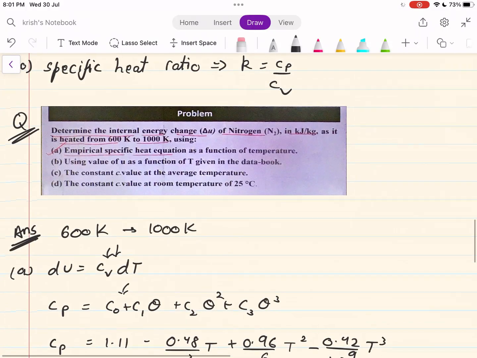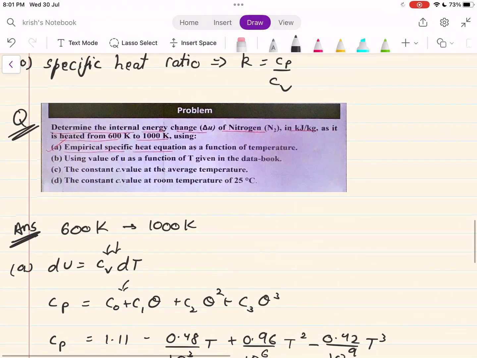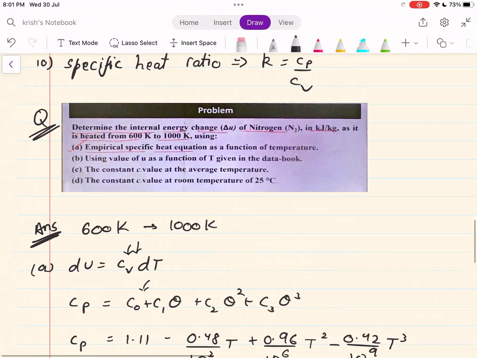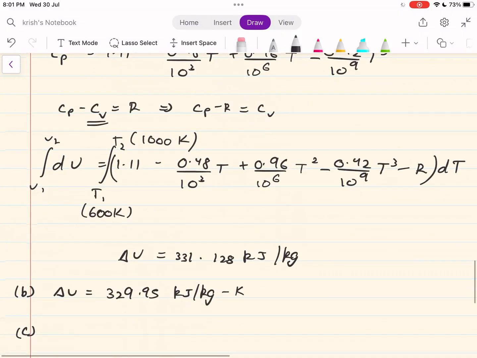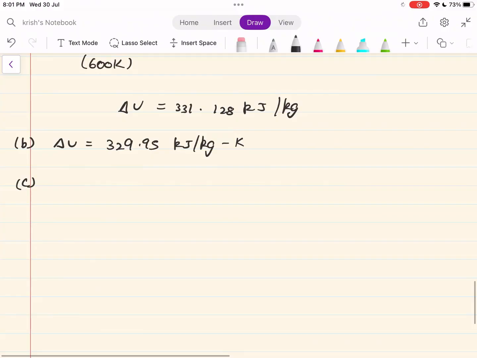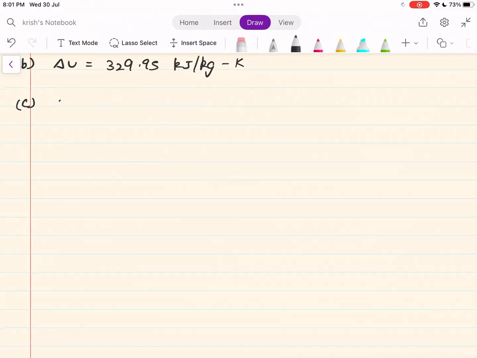Part C. The constant C value at the average temperature. Okay, so it is telling us to use the value of C as a constant at the average temperature. So du equals Cv dt, and as Cv is constant now, we can write this as delta U equals Cv delta T, right?